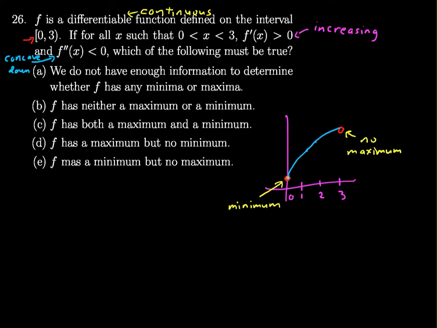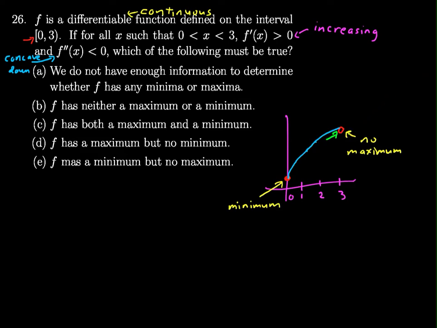So we include the lowest point and everything to the right has to be above it. So we have this minimum. We're always increasing, but we don't include the right-hand point. So we approach a value here. We get close to a value. We have a least upper bound, but it's not a maximum because it's not included in the function.